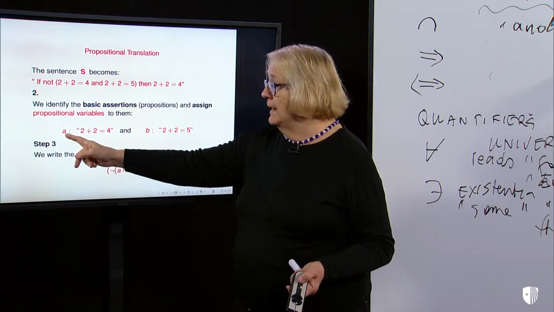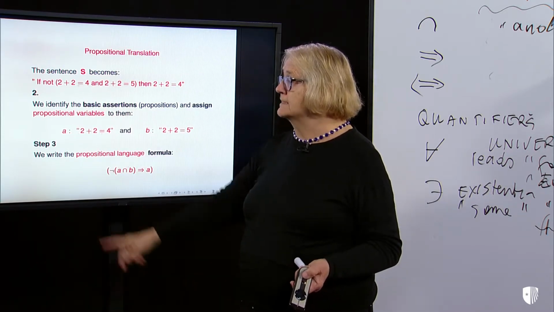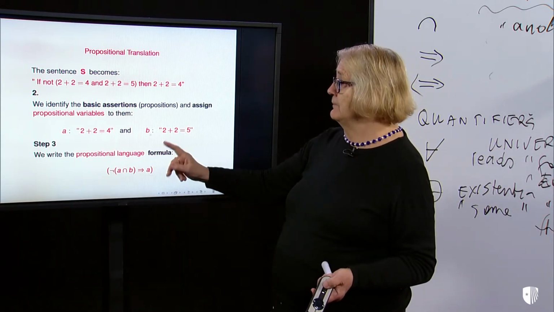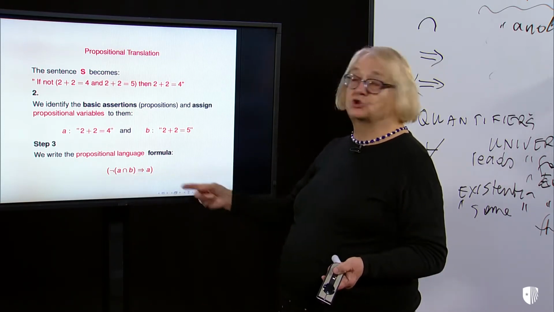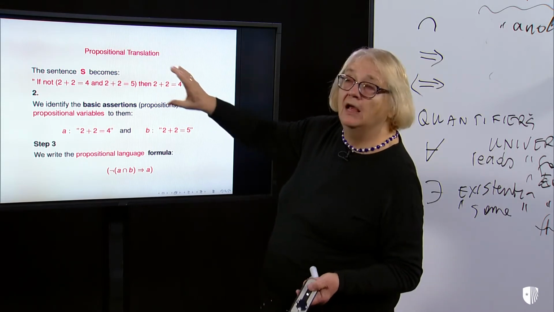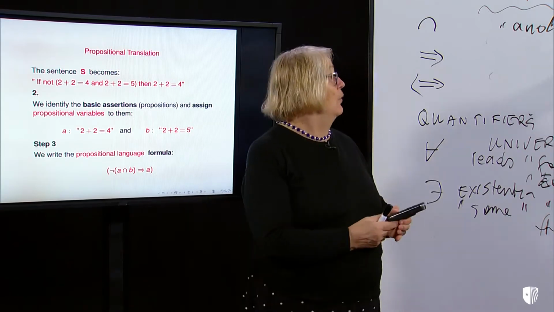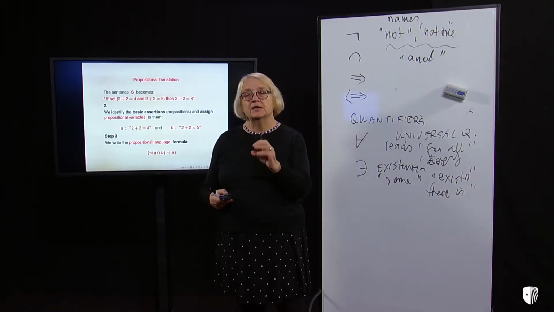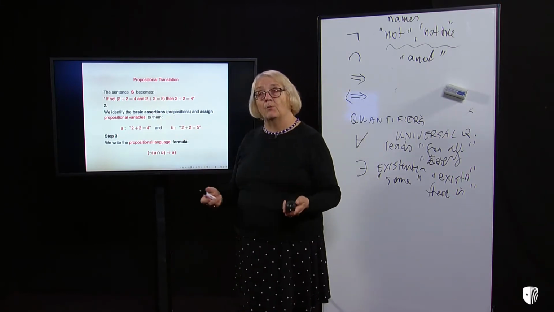So this assertion, 2 plus 2 equals 4, is replaced by a variable A, and that is B, a different statement, and we write the propositional formula in the language. It means we look at how that natural language sentence is built using all those phrases and basic assertions. Those basic assertions are not that basic, and they can be more complex.